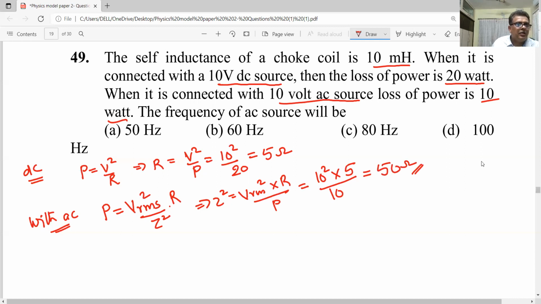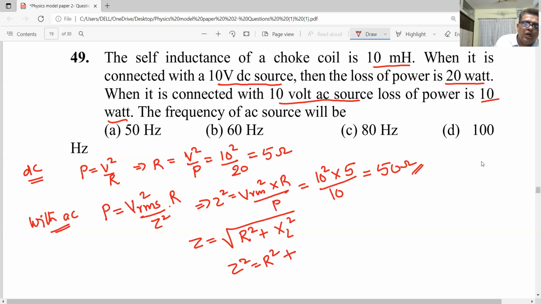As well as the R value, now we need the formula. Z is equal to root of R square plus XL square, so Z square is equal to R square plus XL square, where XL is 2 pi f L, whole square. I will only substitute the values, my dear students.